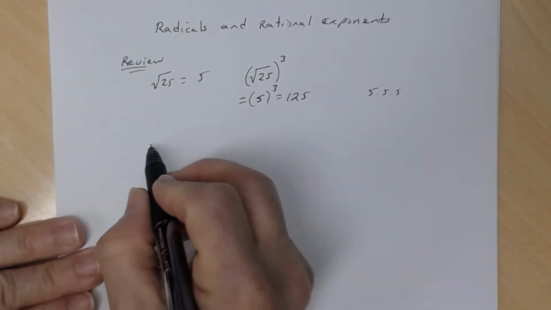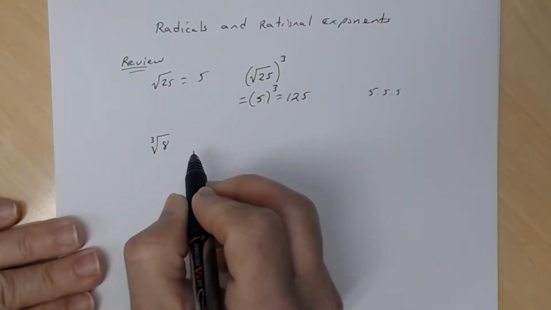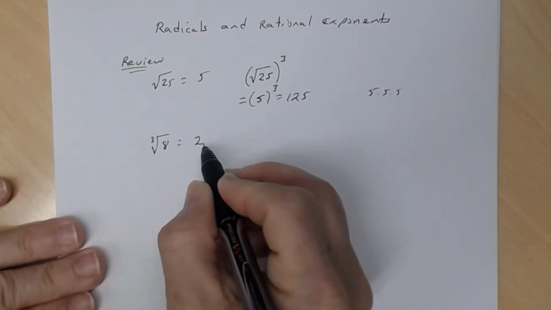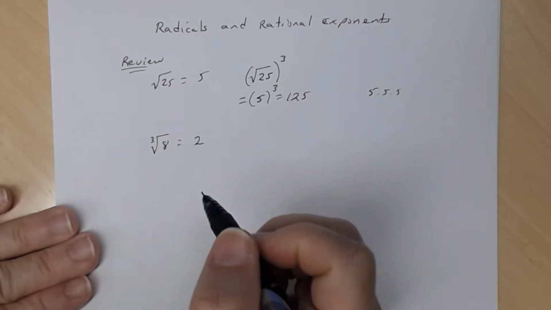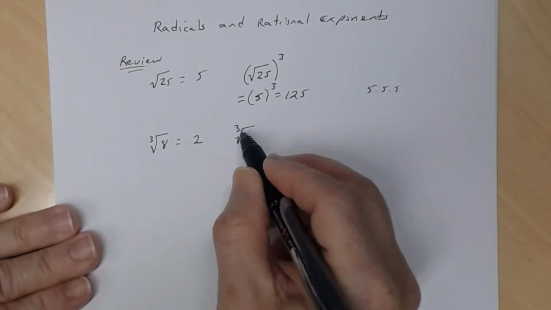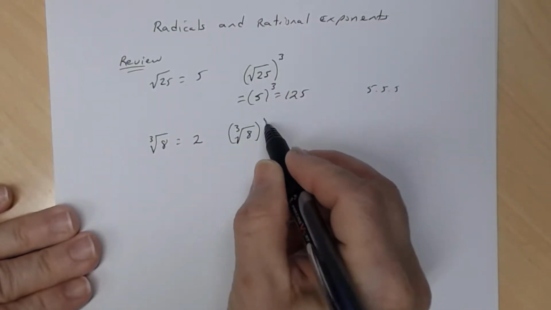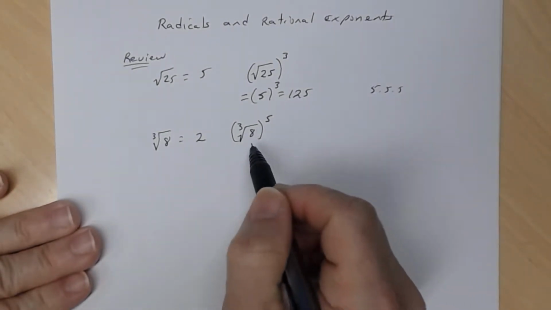All right, so let's look at this one. Suppose I asked you what's the cube root of 8. Well, we all know that the cube root of 8 is 2, because 2 times 2 times 2 is 8. And then what if I had this, the cube root of 8 to the 5th power?